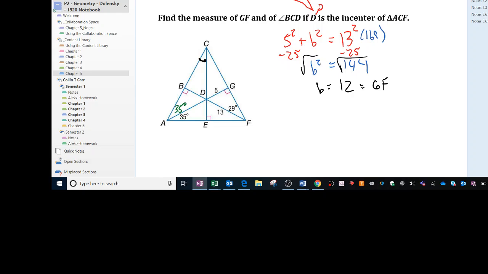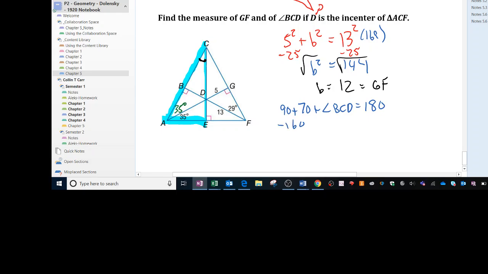And therefore, I'm going to take this triangle right here. And I know that if the right side is a 90 degree, the left side is going to be supplementary or a linear pair. So we're going to take the 90 plus the 70 plus, I'll call it angle BCD, equals 180.